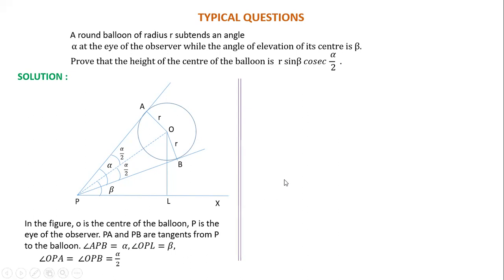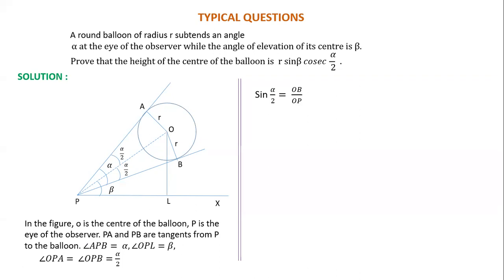Now, what we want is in terms of sine and cosec, so let us take the ratios accordingly. Let us take sine alpha by 2. I take this small triangle, where the opposite side is OB and the hypotenuse is OP. Sine is opposite by hypotenuse, so sine alpha by 2 is OB upon OP.